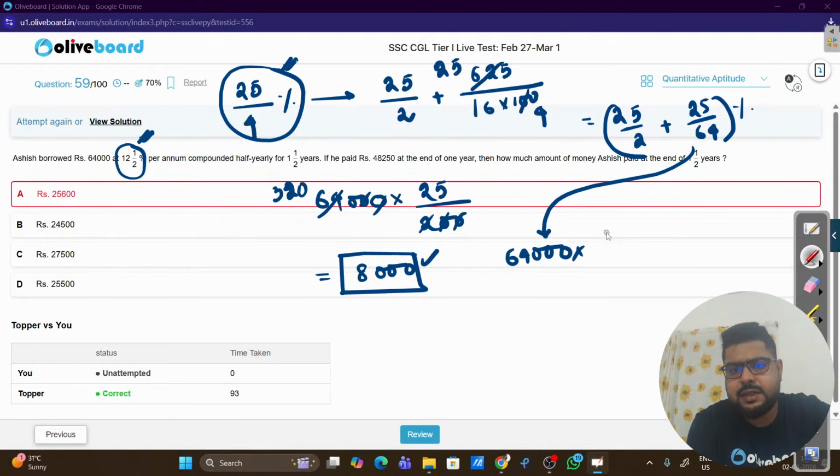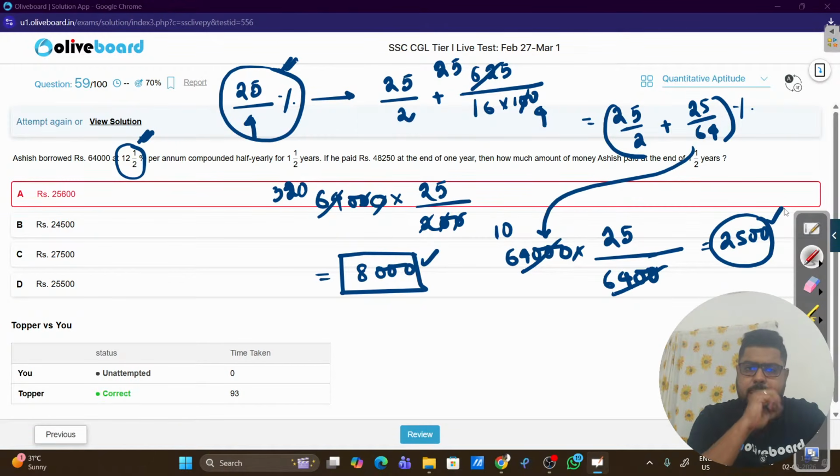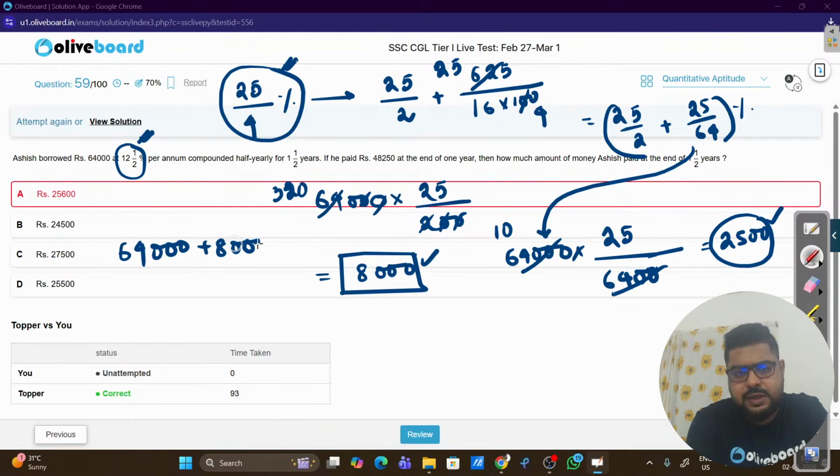Somehow I've made a very silly error somewhere. 6400, this is 10, so this is 2500. Correct. So that means he had to pay back 64,000 rupees plus 8,000 rupees plus 2,500 rupees.